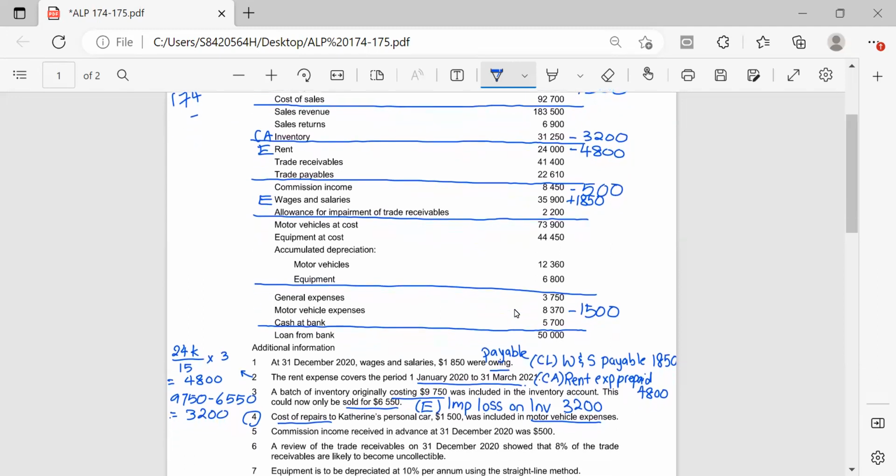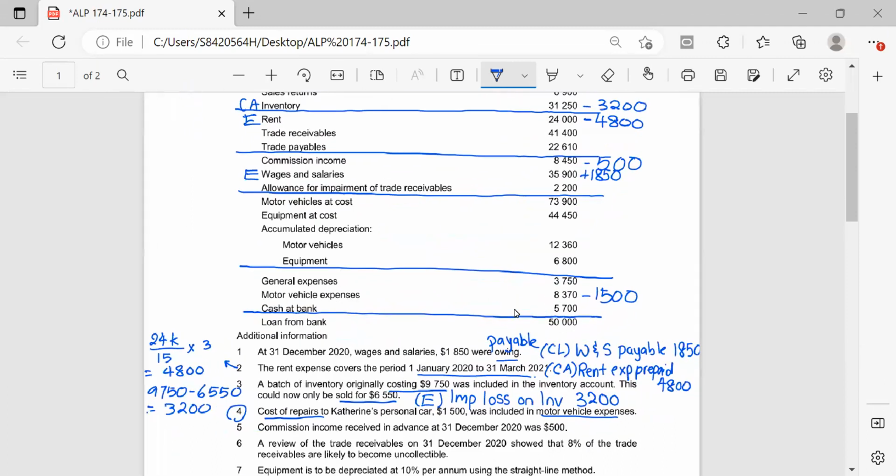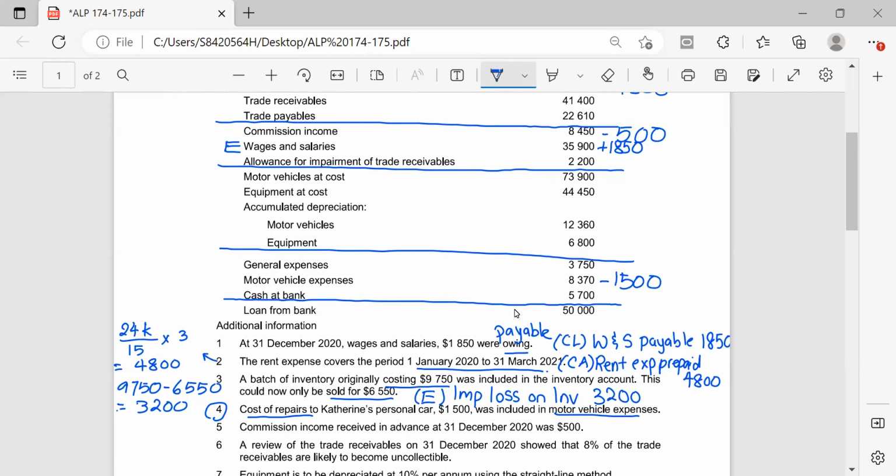In this case, if you want to, you can just put CL. This is the account name. All right, and then this is the amount. Okay, so when you put CL, then when you are doing your CL category in your statement of position, you will remember to put it in, because you have classified the account.